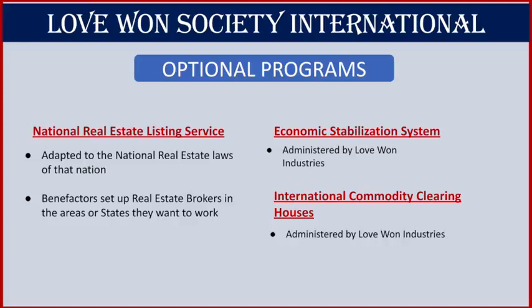The two, economic stabilization and international commodity clearinghouses, work in conjunction with each other. The International Commodity Clearinghouse will take a little while to get set up, and the economic stabilization system will take just a year or two to really get all the people signed up that we want. We want everybody to be involved in it, so that everybody is financially viable throughout all of the economic sectors of the economy.